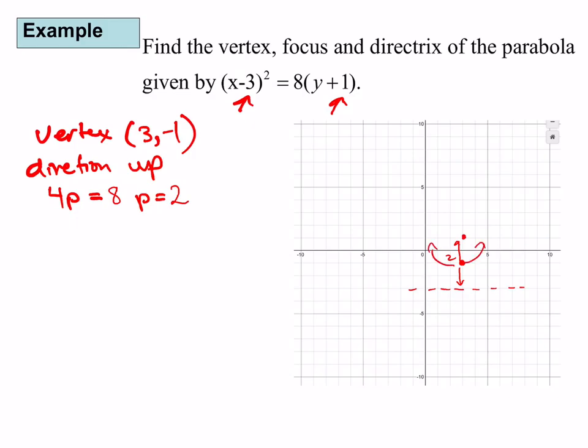Opening up. So 2 units up would be (3, -1) plus 2, so (3, 1).